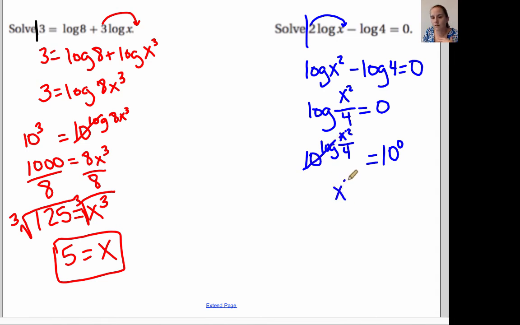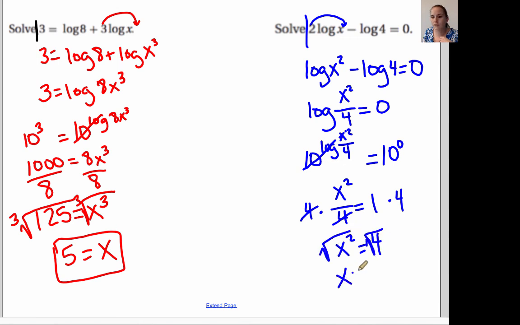I have x squared over 4 equals 1. 10 to the 0 power, 1. Multiply by 4, and we will have x squared equals 4. Take the square root, and we'll have x equals plus or minus 2.